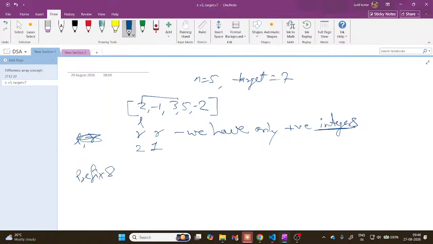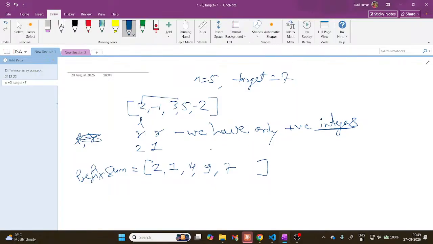So if I build an array of prefix sums, this is 2, this is 1 here, then 4, then 9, then 7. This is the prefix sum.